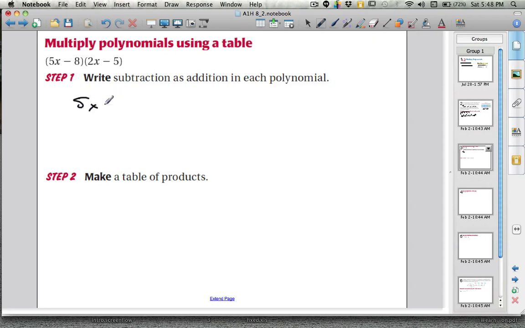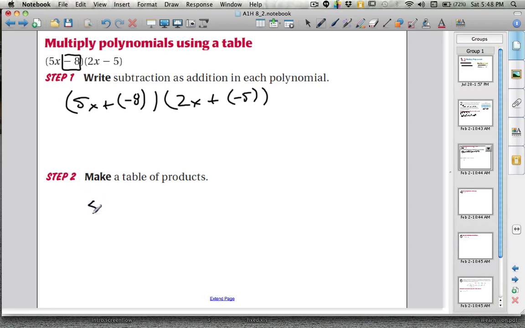It's not really necessary. As long as you remember what I've already told you, that when you're talking about terms, the sign in front of it is part of the term, you'll see that it will work out exactly the same. So you really don't have to do this step of rewriting it as addition.